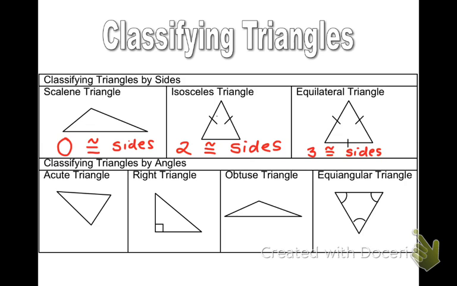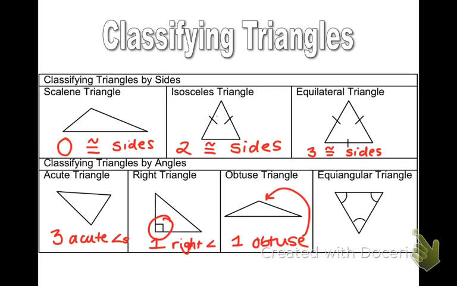And then we can classify a triangle by its angles. If all of the angles are acute, then we call it an acute triangle, so you would have 3 acute angles. If you have a right triangle, that means you would have 1 right angle, which means the other two would have to be acute, right? And obtuse means that you would have 1 obtuse angle.